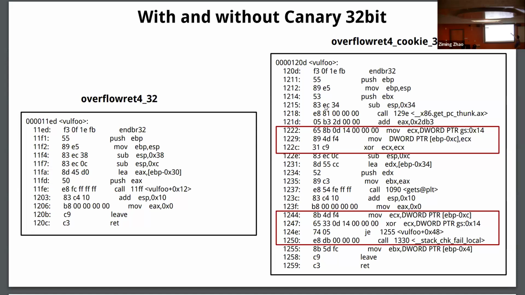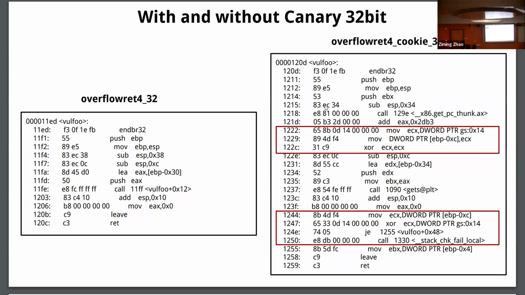And the canary value we're getting from the thread local storage. After that, we move 0 to ECX, then we call gets. From the source code, you don't really see the canary value. It's a dynamically generated value when you launch this program.